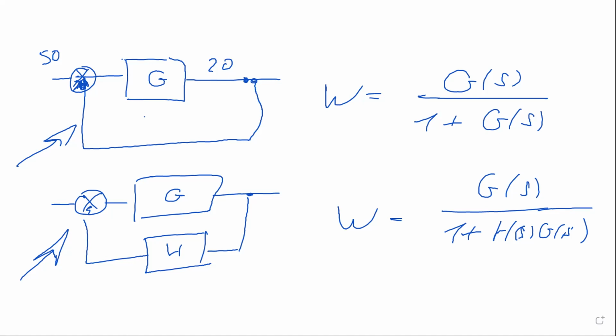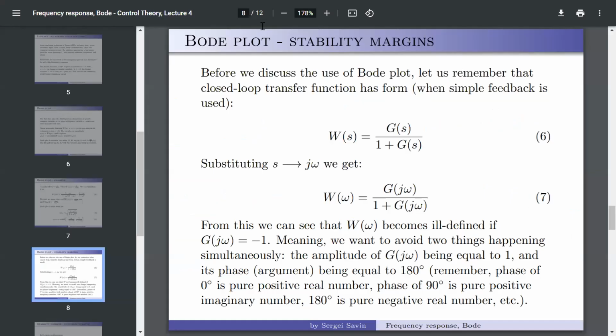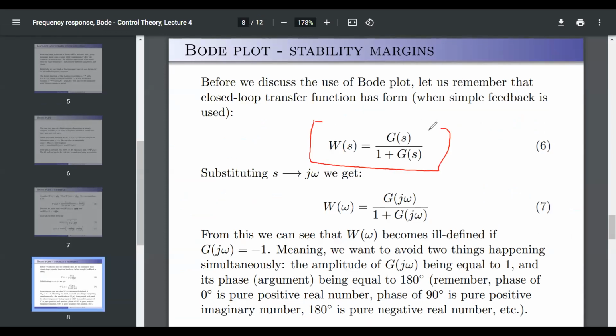All right, let me go back to Bode. This will become relevant in just a second. So here is a case when we don't have a controller.